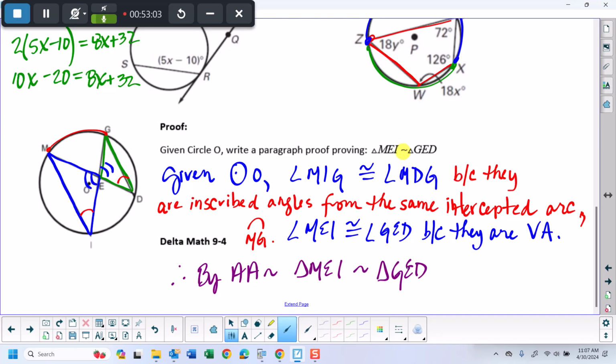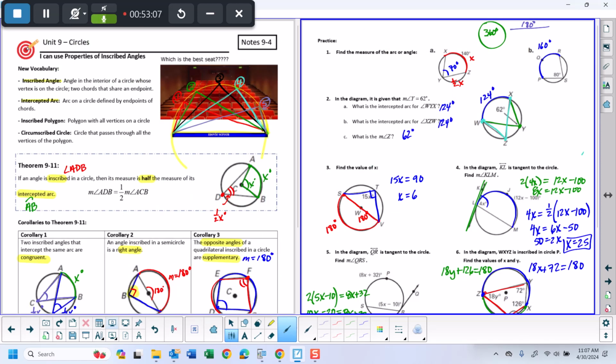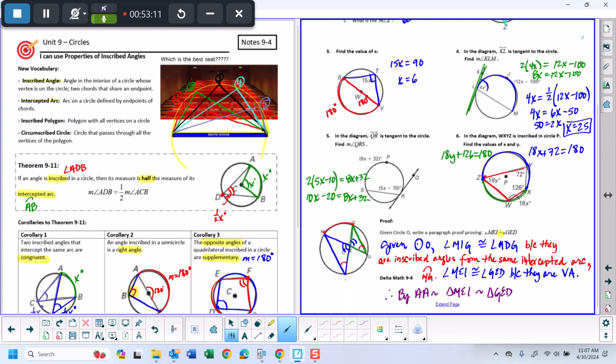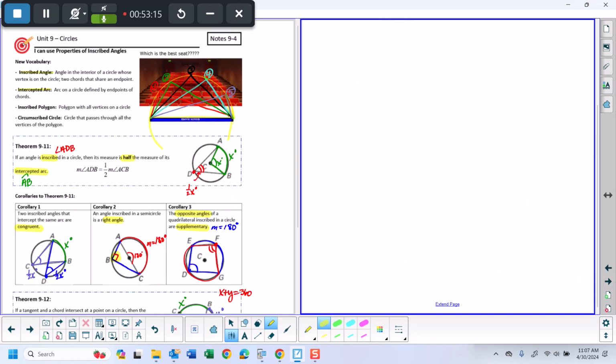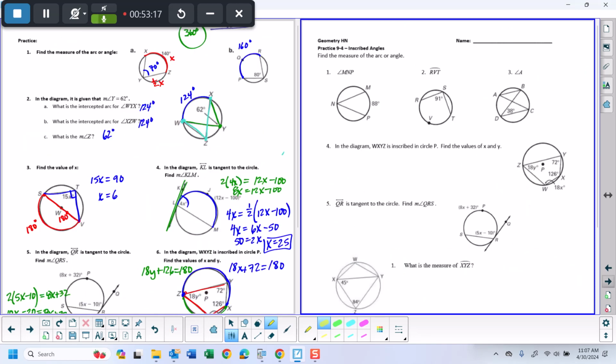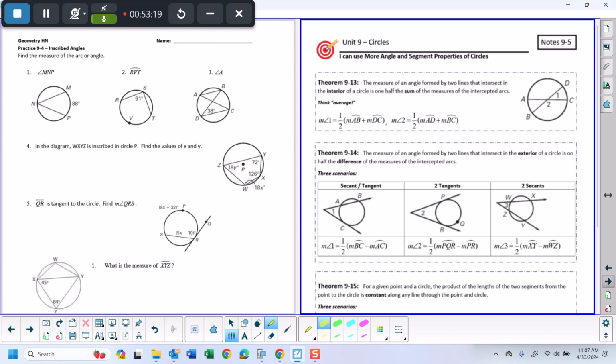Alright, here's what your homework is that I want you to take a look at. We gave you a Delta Math for 9-4 for you to do, and one more page of inscribed angles.